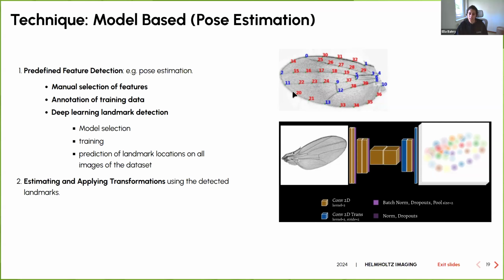And once we have those locations, as I said, we first applied an affine transformation. So we used 3 of those points to bring it to roughly the same location. And then we also used all of our landmarks to use thin plate spline, TPS, to account for local deformation between the wings. So we used those 2 steps, and it really wasn't a lot of work for a sophisticated, nice registration.